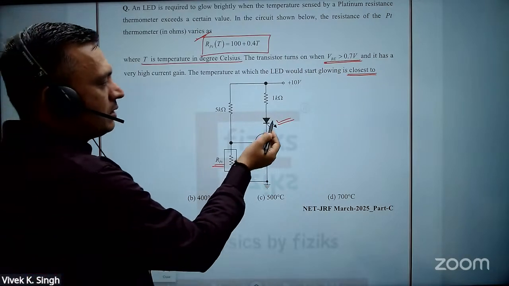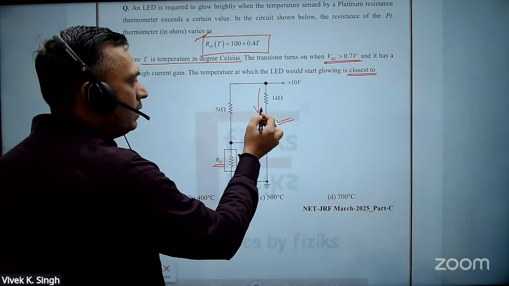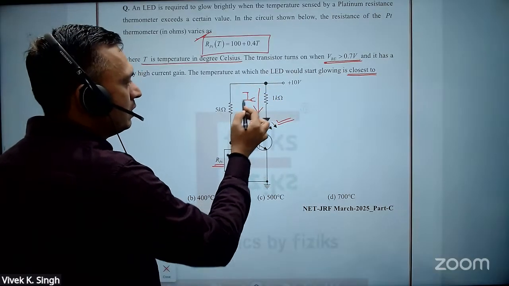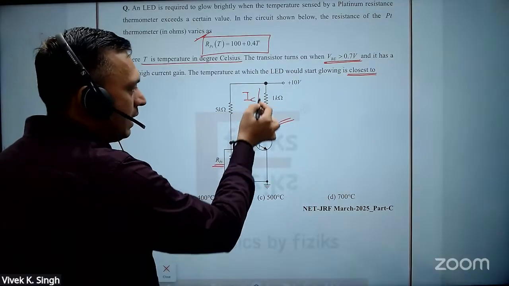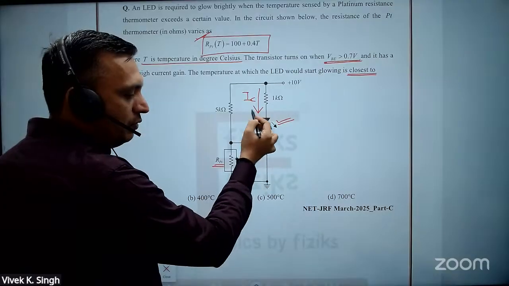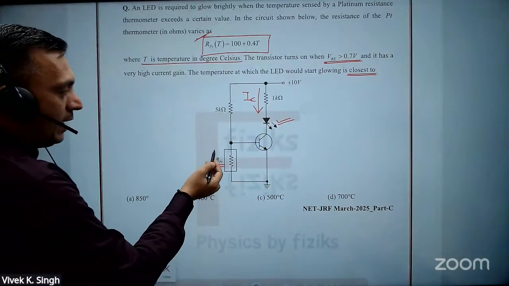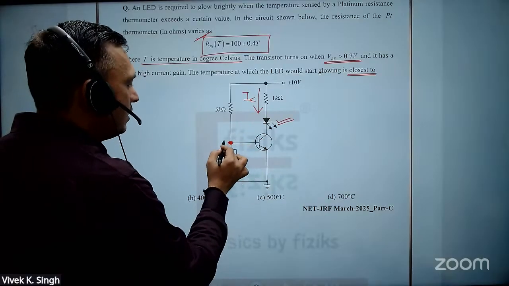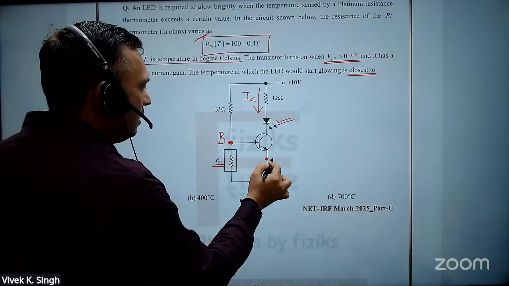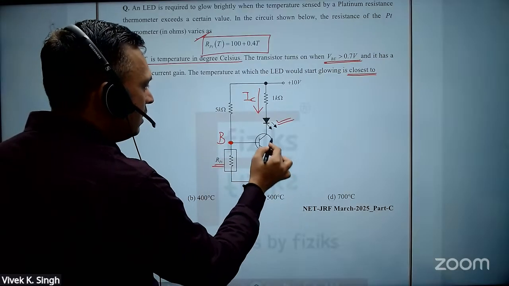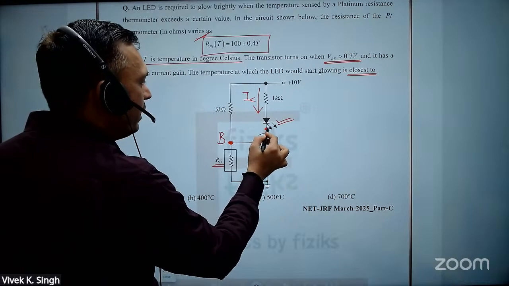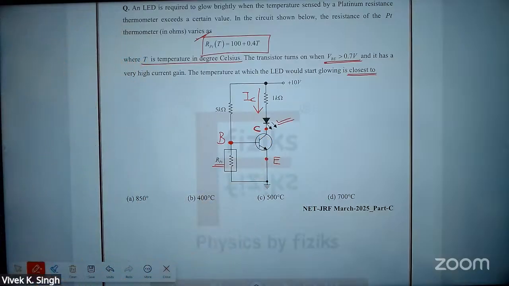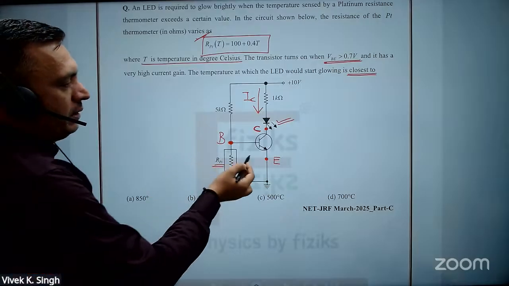This LED will glow when the transistor is on, meaning when current flows through it. Only when there is a current through this resistor will the LED glow. So you have to see at what temperature this transistor will be on. Let's say this is B, this is E, and call this point C. Under what condition will this transistor be on?